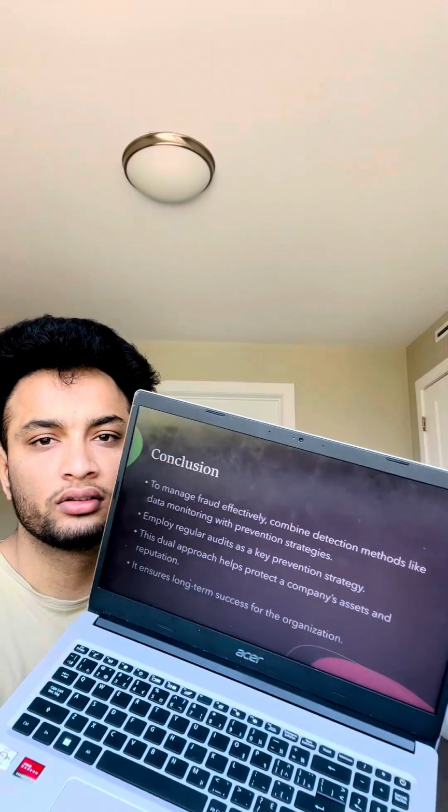After that, here is the conclusion. In the conclusion, to manage frauds effectively, combining detection methods like data monitoring with prevention strategies plays an important role in managing fraud effectively.